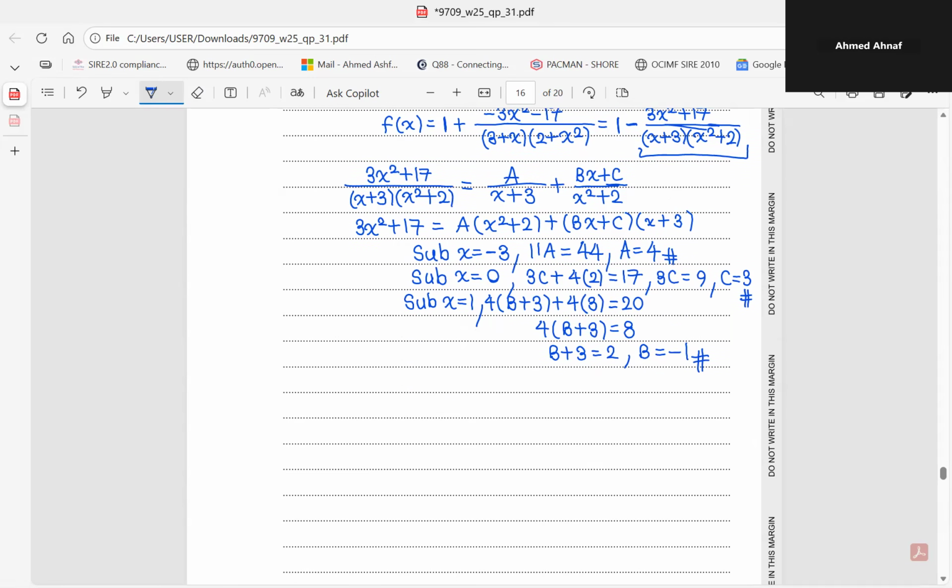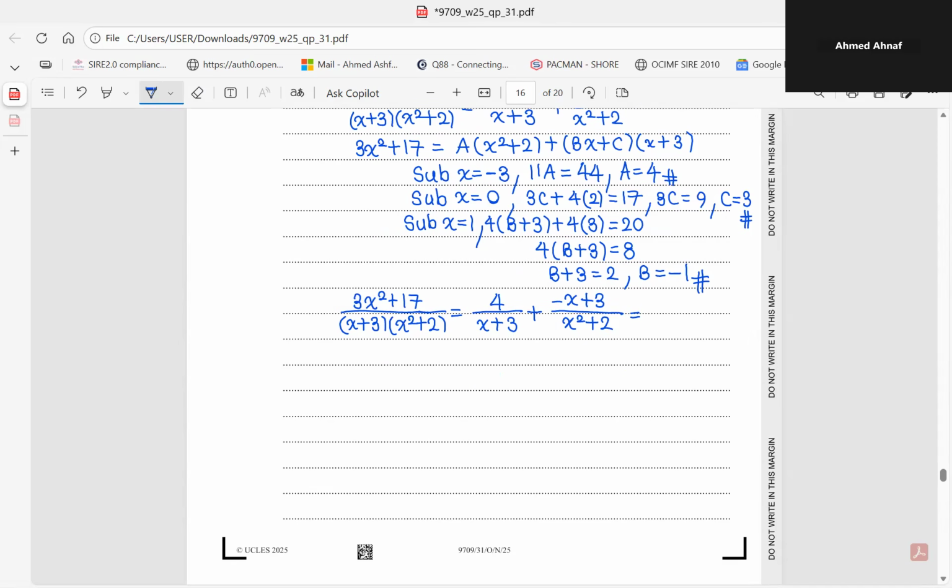So yeah, now we express (3x squared plus 17) over (x plus 3)(x squared plus 2) as a, which is 4 over x plus 3, plus bx, which is minus x, plus c, so plus 3, over x squared plus 2.